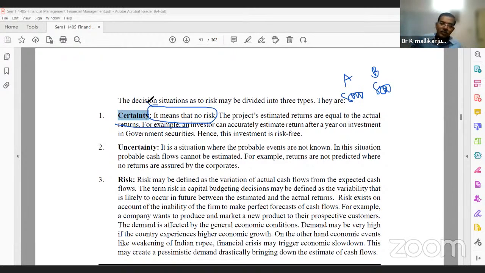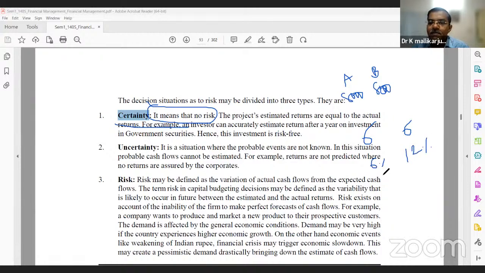So like certainty, for example, why do people invest in a bank? The amount is safe. See the difference between the bank and the stock market. In a bank, the return is 6%, and you receive only 6%. In the stock market, you assume your stock may perform and give you a 12% return, but actually it gives only 6%.